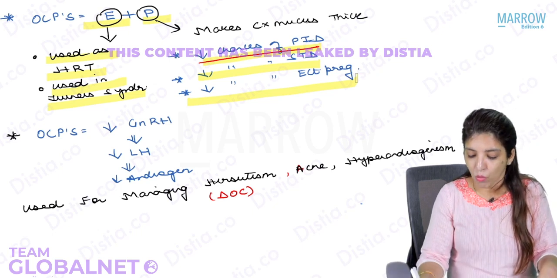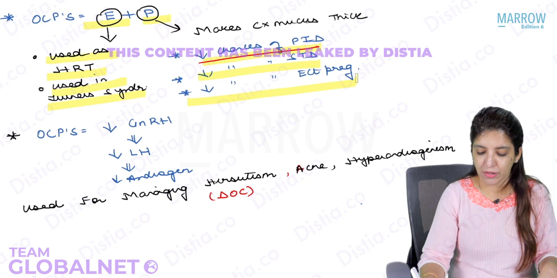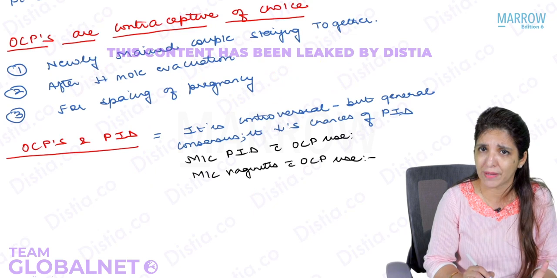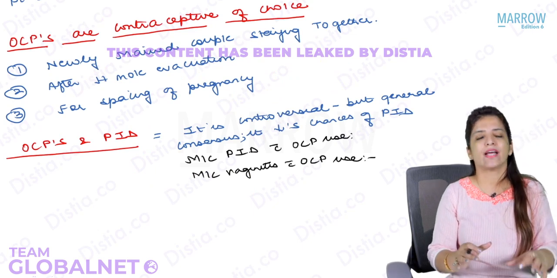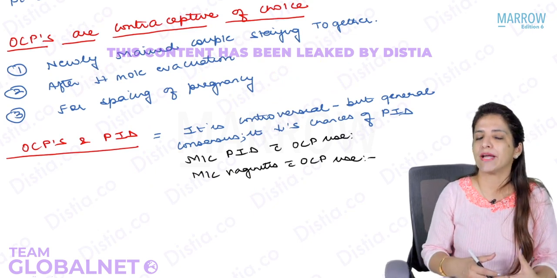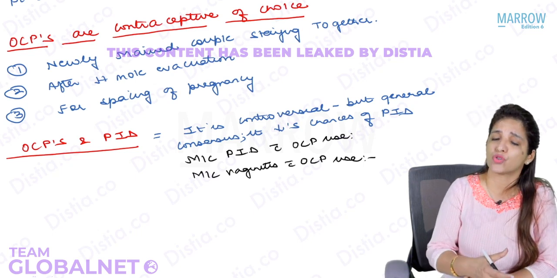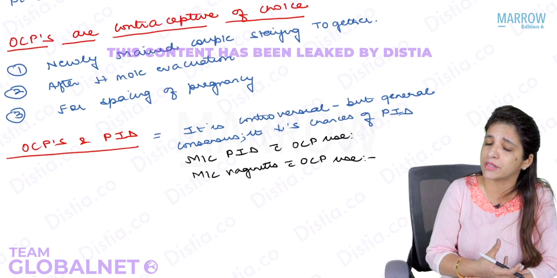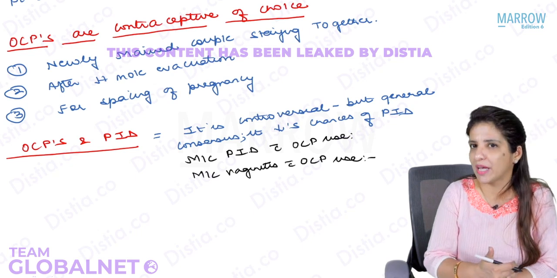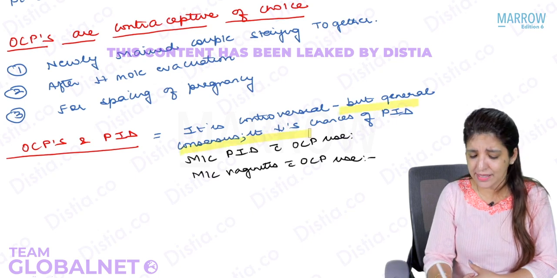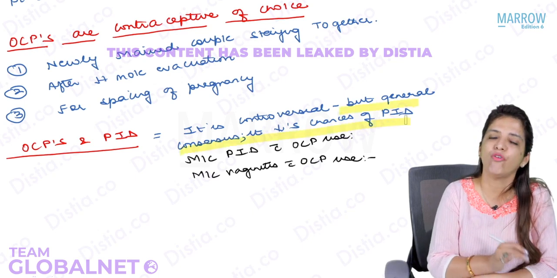Now, one very important thing which you have to remember about OCPs and PID is that it's a very, very controversial topic, right? Some studies say that with the use of oral combined pills, the chances of PID are increased. Some say that because it has got progesterone and progesterone makes cervical mucus thick, overall the chances of PID are decreased. So the general consensus is that yes, it is decreasing the chances of PID.